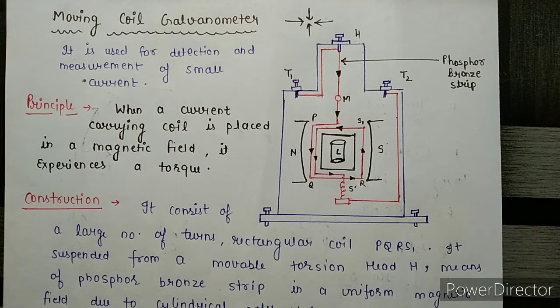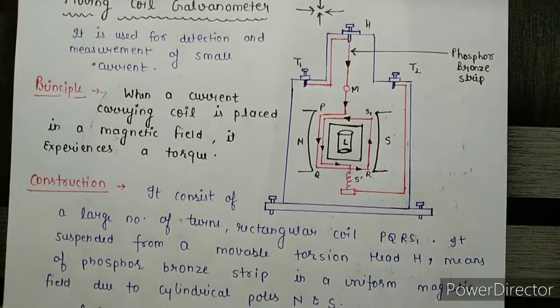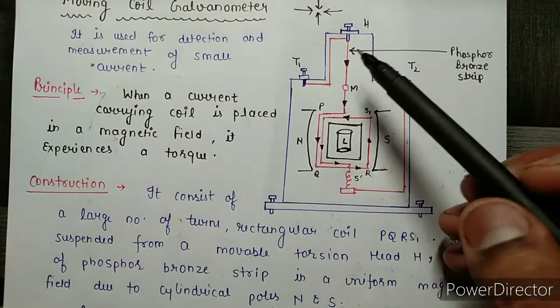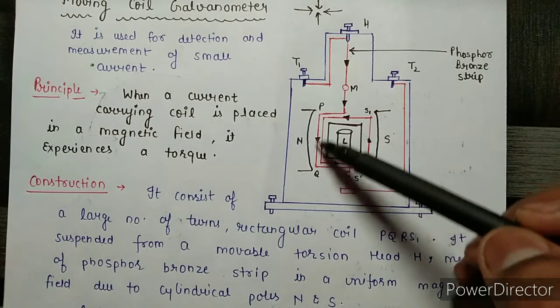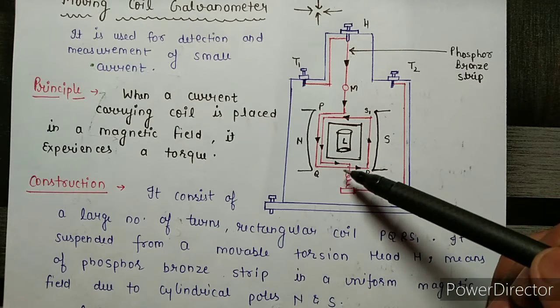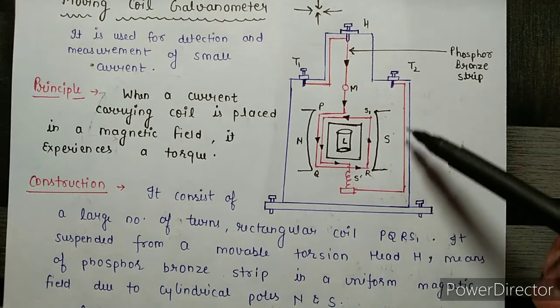Now if I am talking about its construction, there is a rectangular coil with so many number of turns. Suppose the number of turns is n.